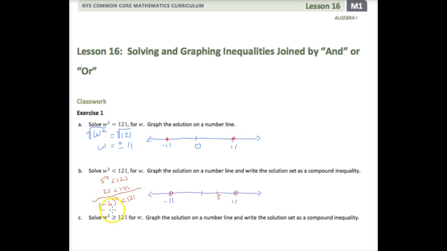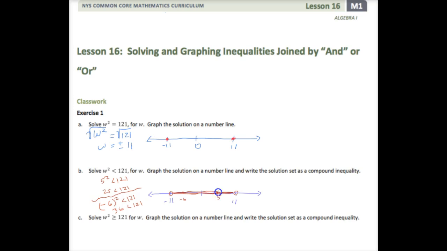There we go. And negative 6 squared, that's positive 36. And yep, that's still less than 121. So it looks like 5 works, and it looks like negative 6 works. Would 0 work? 0 squared less than 121? Yeah. So we can feel very safe about filling in this distance here.